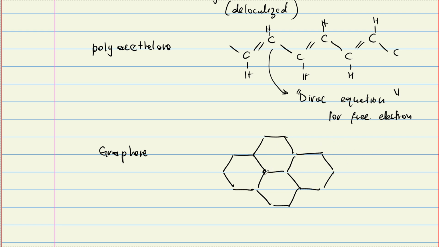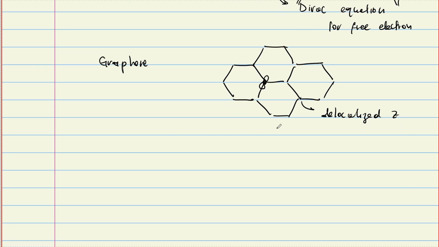Each one is C, right? Because of sp2, there are three neighbors for each carbon, but there's still this free z orbital. And this free z orbital just delocalizes.